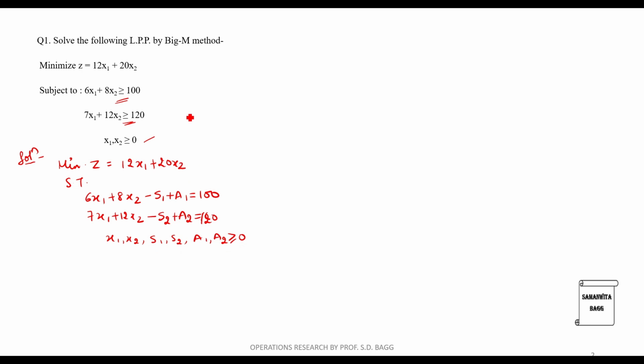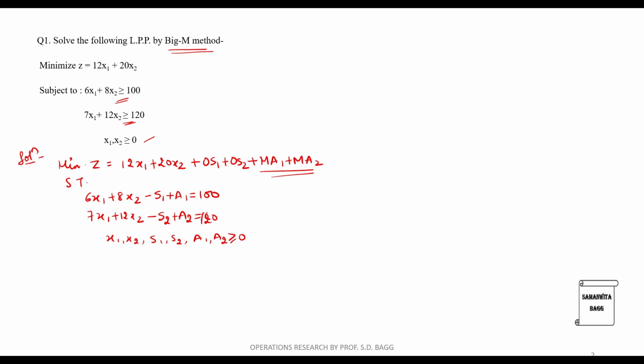Now since we are solving the problem by Big M method, here I will write down plus 0 s1 plus 0 s2. We are solving for minimization type, hence plus M into a1 plus M into a2. These are the two terms which will have penalties attached to them. We are using the plus sign because it is a minimization type of problem.